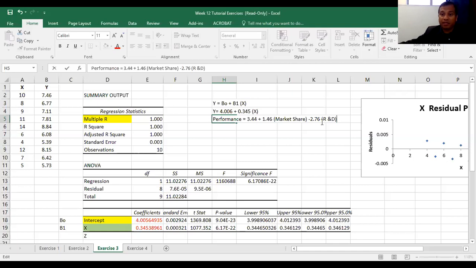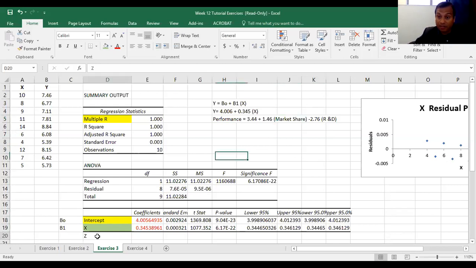I'm just assuming that in business terms. So if there are two independent variables, you will have X as market share, Z as R&D expense, and the corresponding value 1.46 will be given here, and minus 2.76 given in this place. And the intercept value will be 3.44. Then you have to write this equation.